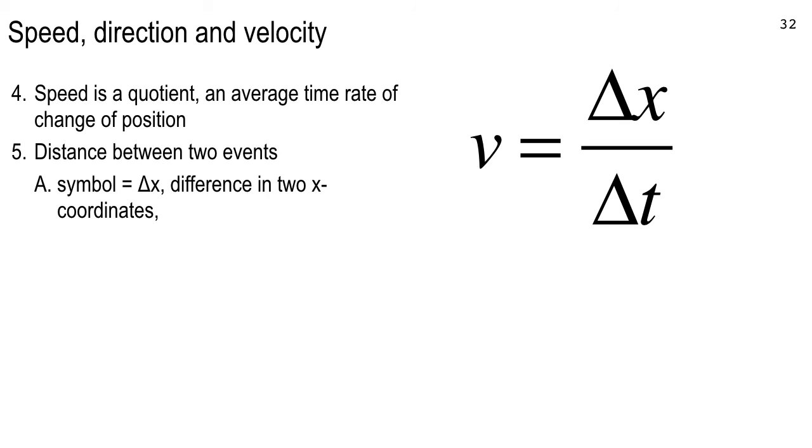So whenever you see delta, that means you've got, like x2 minus x1, or xb minus xa, or x final minus x initial. X subscript f usually symbolizes the final x coordinate. X subscript i, the initial x coordinate. So delta x is just a distance along the x-axis.